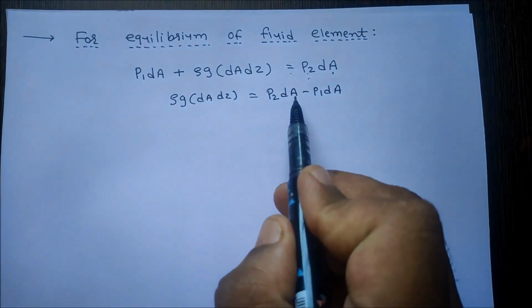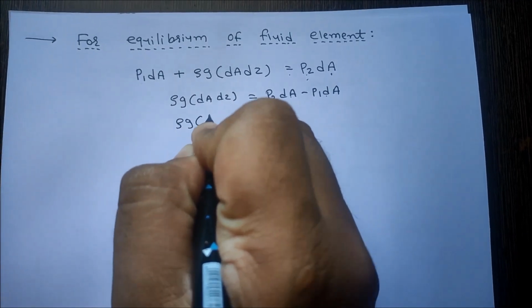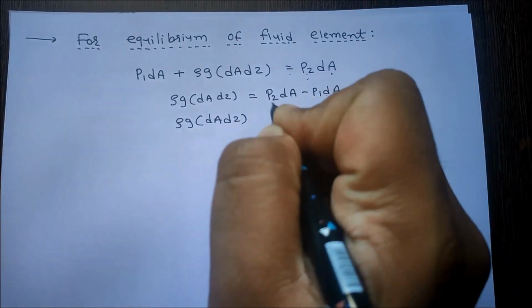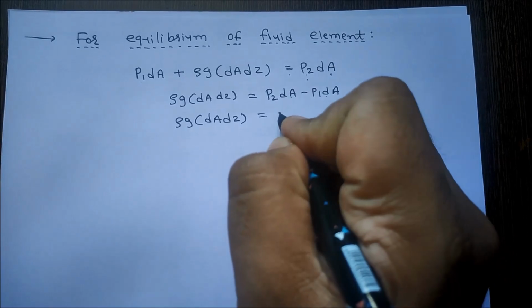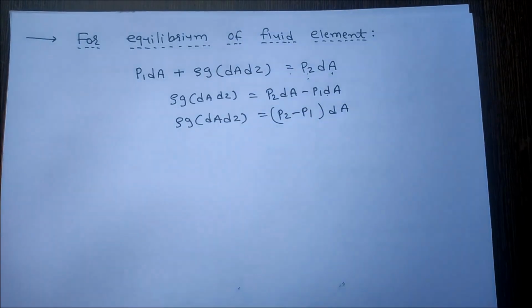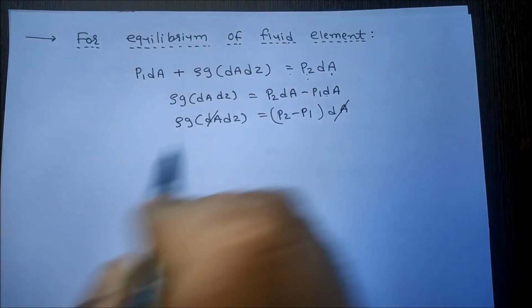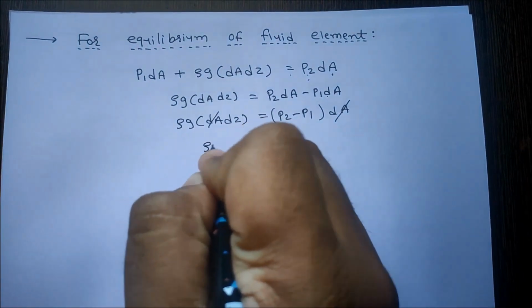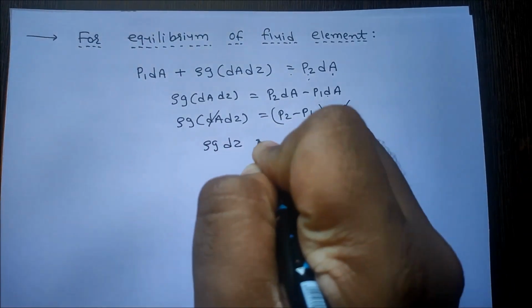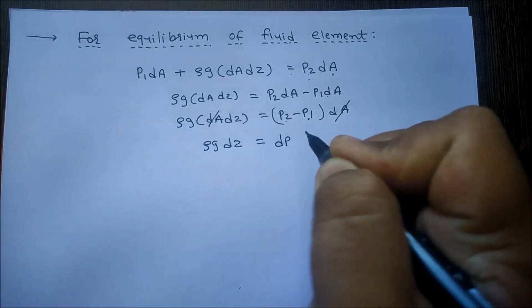Next step, dA common, so the equation is rho g dA dz is equal to P2 minus P1, into dA. So dA cancels out, so the equation is rho g dz is equal to P2 minus P1, that is dP.